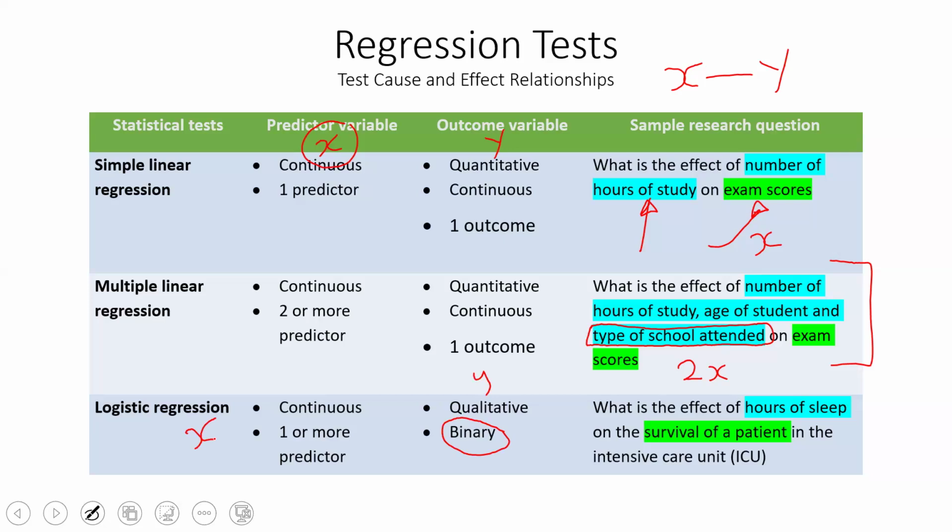It says, what is the effect of the hours of sleep on the survival of a patient in ICU? So this is my X, this is my Y. Survival of a patient is either alive or dead. You can't have anything beyond that. So that is dichotomous or binary. It is a logistic regression that will be able to answer that kind of question.